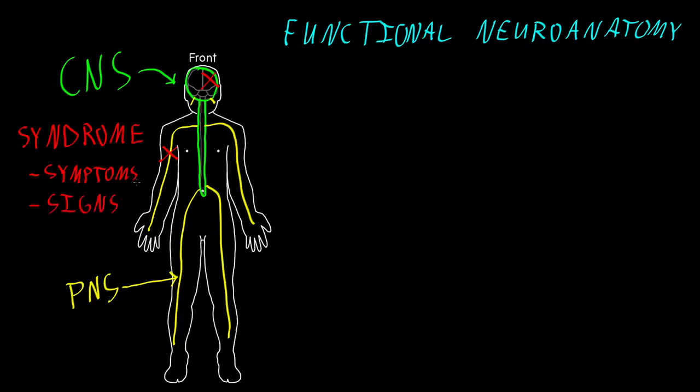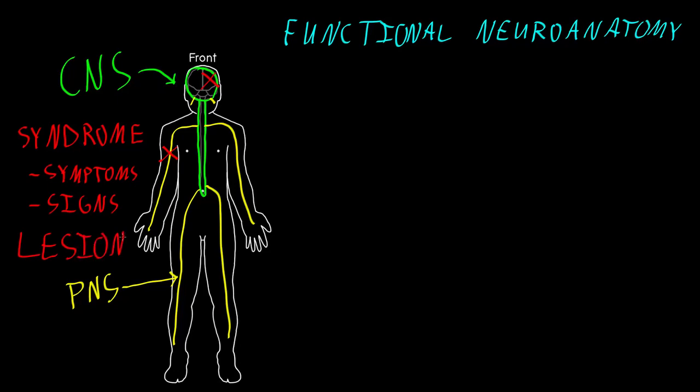Now, symptoms are mental or physical abnormalities reported by a patient or witnesses, whereas signs is the word we use for mental or physical abnormalities that a clinician finds when they're examining a patient. Now, we often use this term lesion.